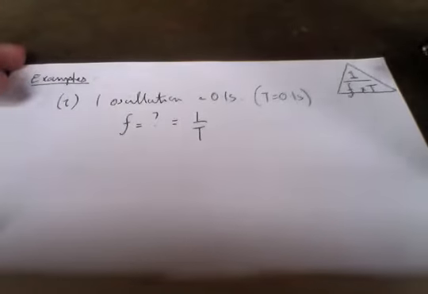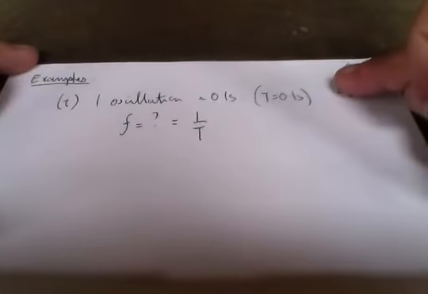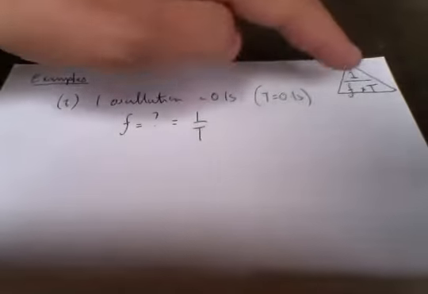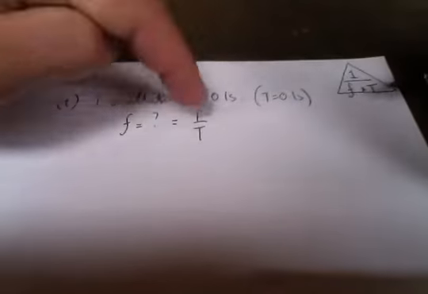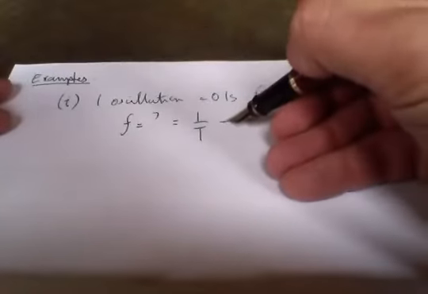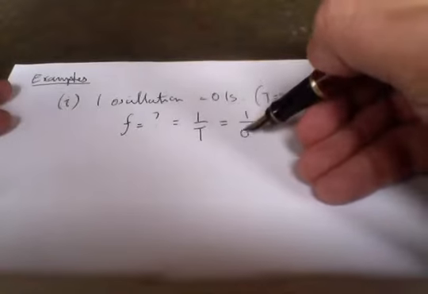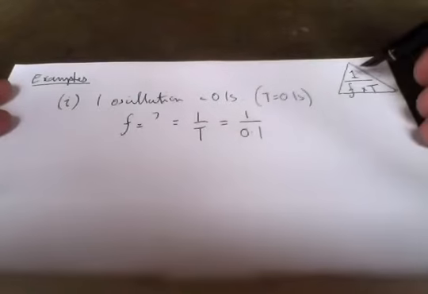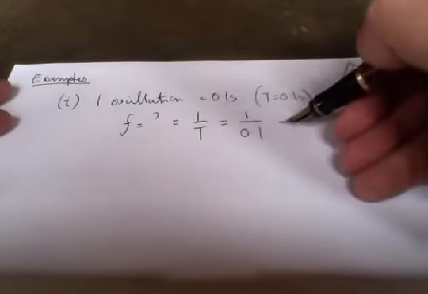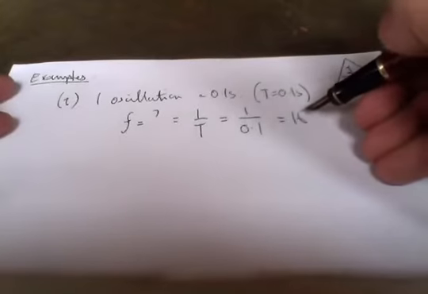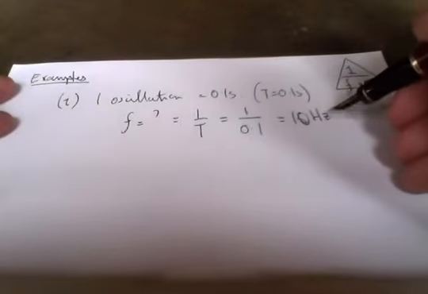So what is frequency? Well, you cover up the F, and that leaves you with 1 over t. Then you substitute the numbers. 1 divided by 0.1, which gives us 10. And remember always to put the units on.